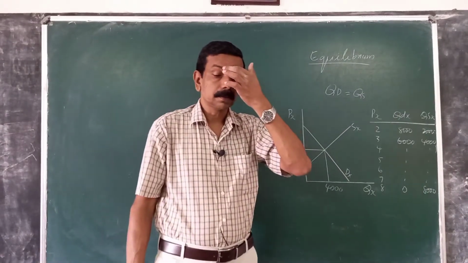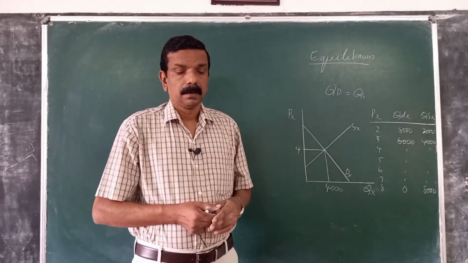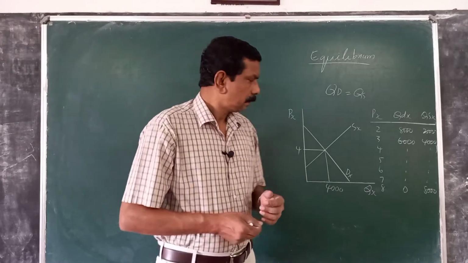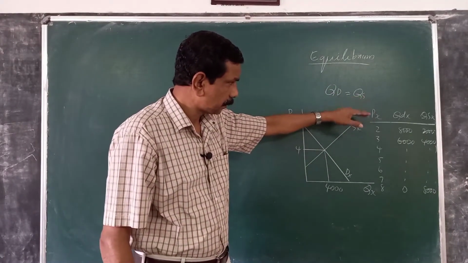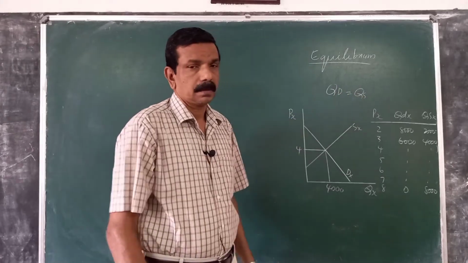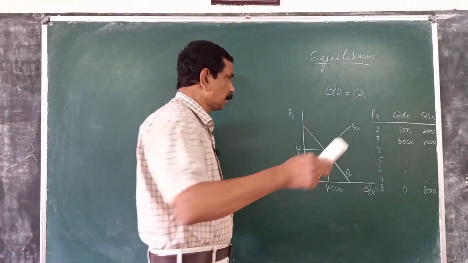And this is how we determine equilibrium. Equilibrium is obtained by the intersection between demand and supply curves.